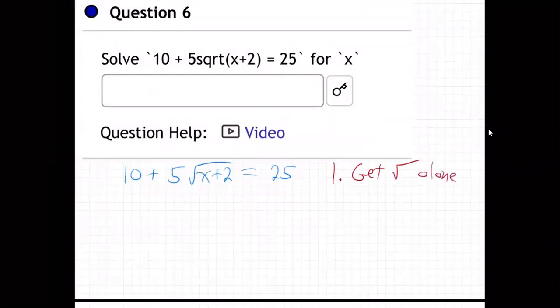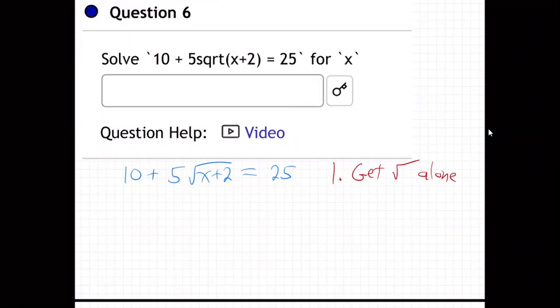So have you noticed this is pretty much what we always do? We're always getting the whatever alone, aren't we? We're getting the x squared alone, or the weird power alone, or the absolute value alone, and now the square root alone. So I hope you're seeing the pattern. It might seem like there's 27 different things we do, but really they're all very, very similar.